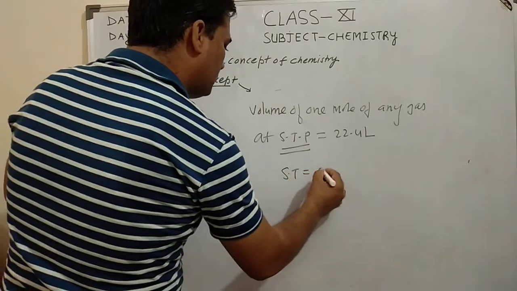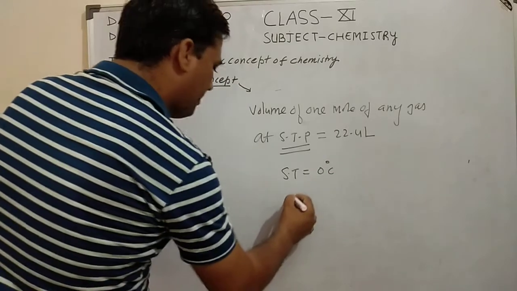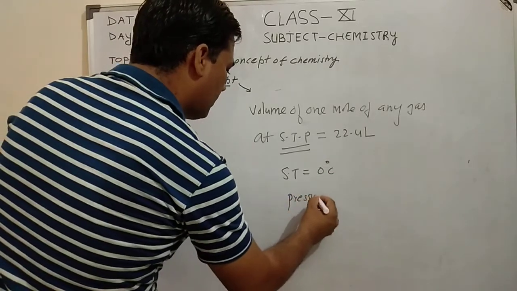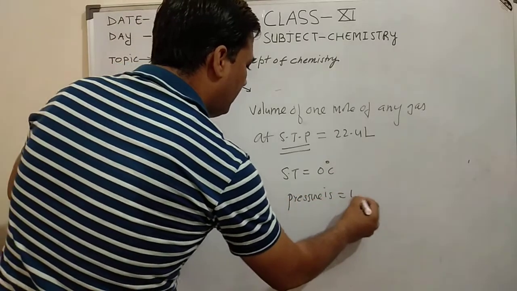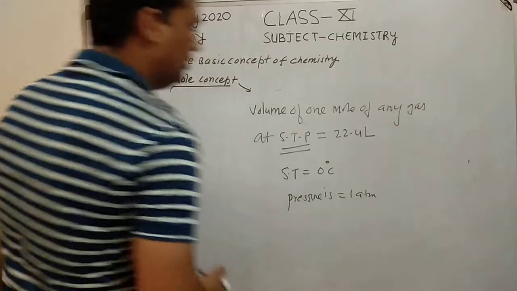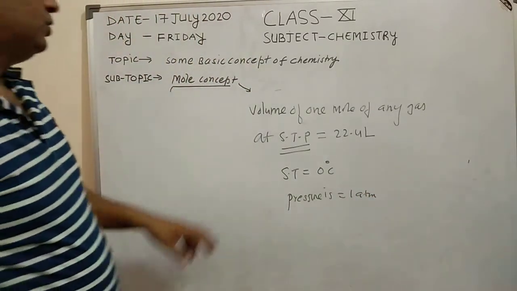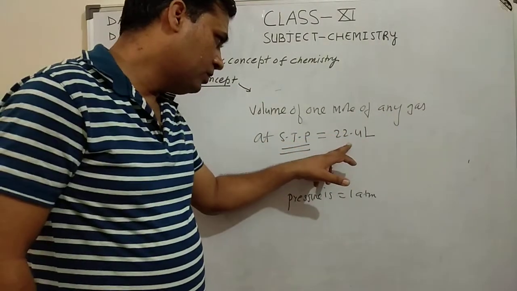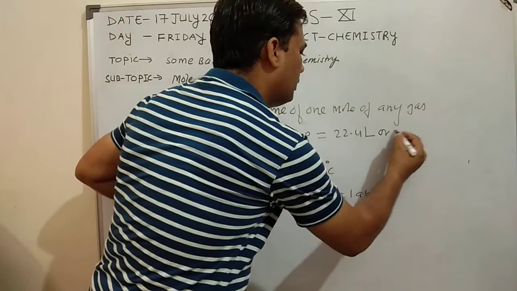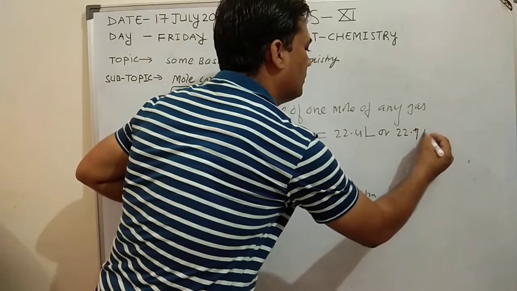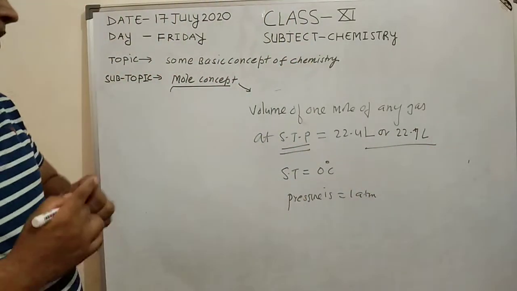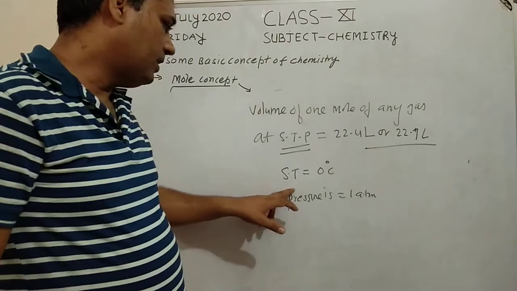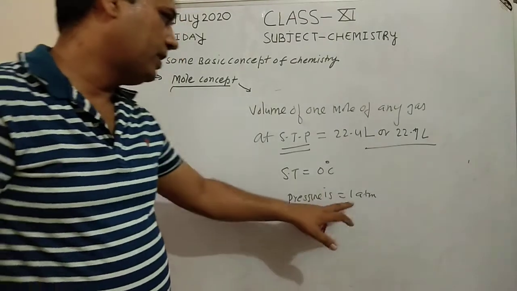Standard temperature is 0 degree and pressure is 1 atmosphere. Okay. So volume of 1 mole of any gas at STP is equal to 22.4 liter or 22.7 liter. STP: standard temperature is 0 degree, pressure is 1 atmosphere.